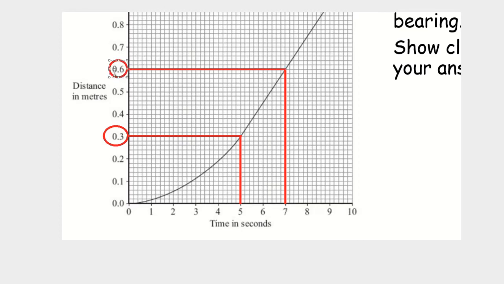As I say, it's not always the case, but I just found checking it that makes things very, very straightforward. So I now have a time of 2 seconds, and I now have a distance 0.1, 0.2, 0.3. So I've got a distance of 0.3 and I've got a time of 2.